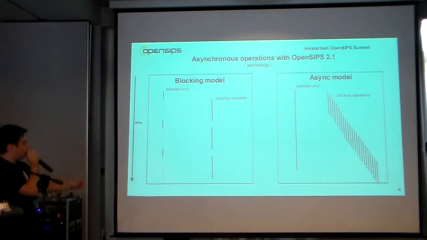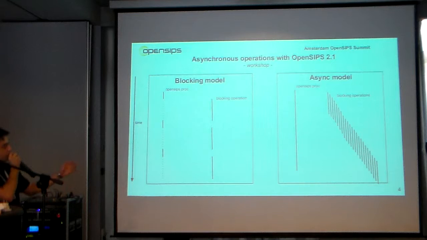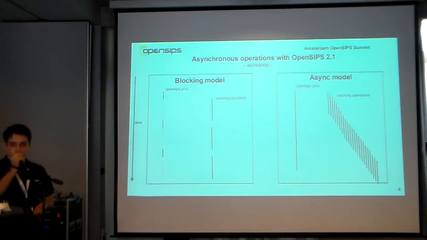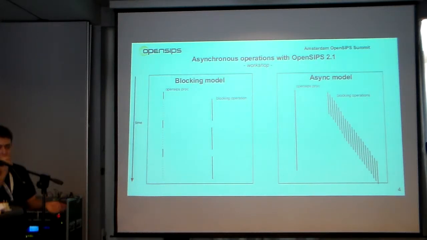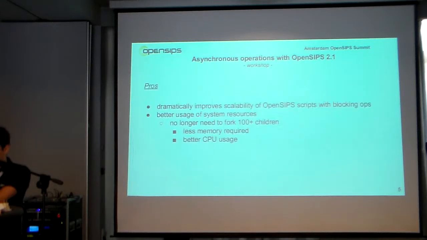You can see the blocking operations being sequentially run and the worker basically doing not much. Whereas in the async model, it is continuously able to just run job after job after job and throw all the descriptors into the reactor, and whenever there is an event pending, run the resume route.